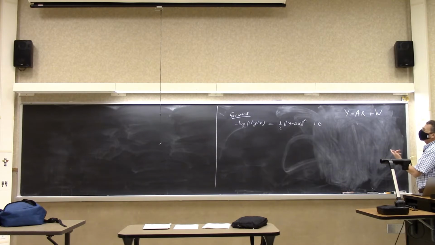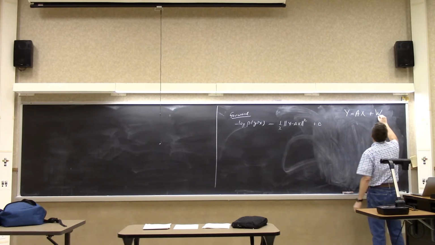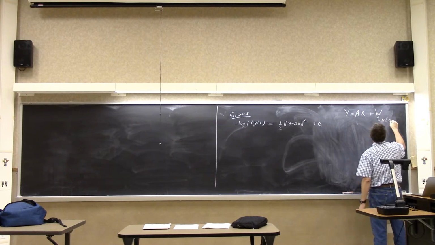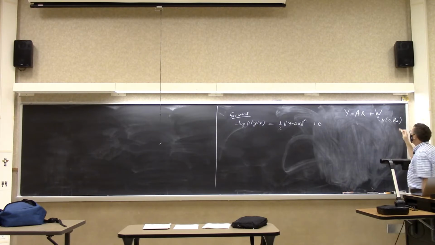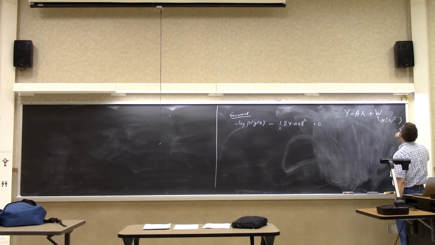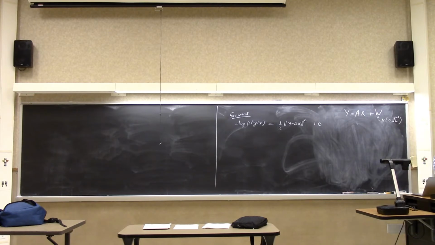Okay, so that's the forward model. And this noise is distributed as a Gaussian. Actually, what we're usually going to use is this notation, the inverse covariance, so it's a precision matrix for the noise.